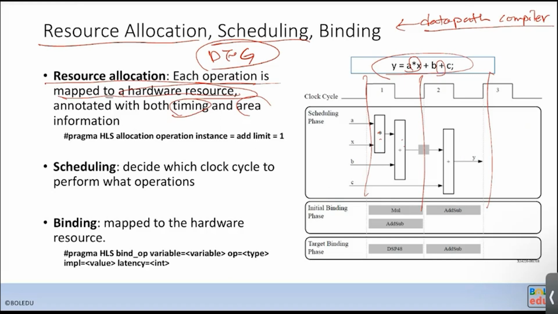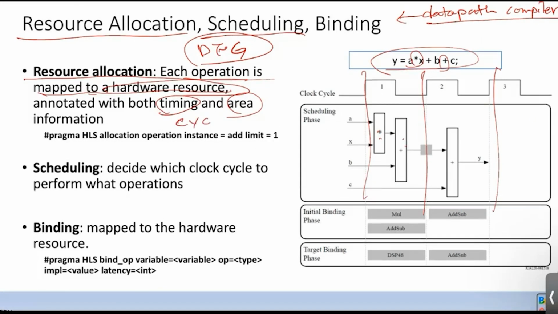Given a timing constraint, for example the cycle time, you may define it as 7 nanoseconds or 5 nanoseconds. Given the user-specified constraint and each function's timing, you then determine how many cycles are needed.